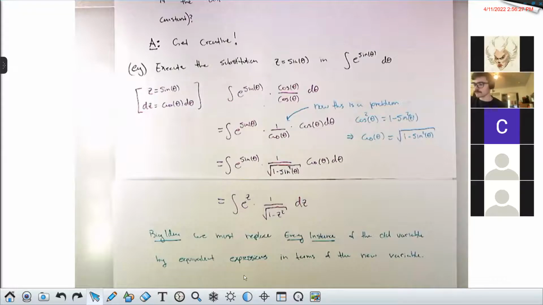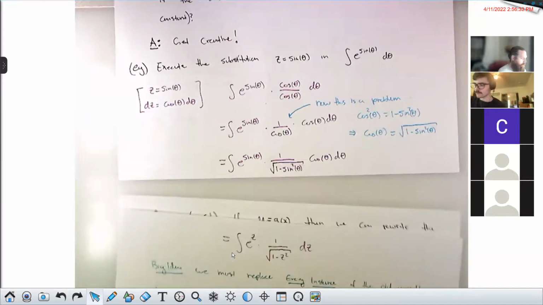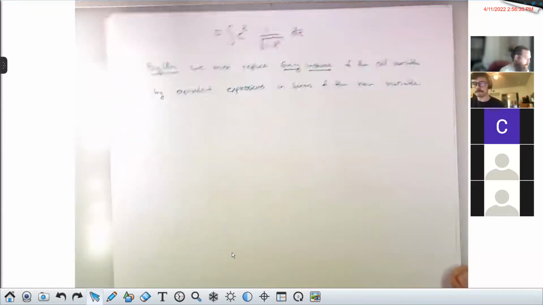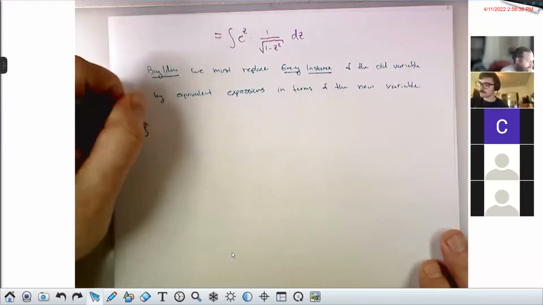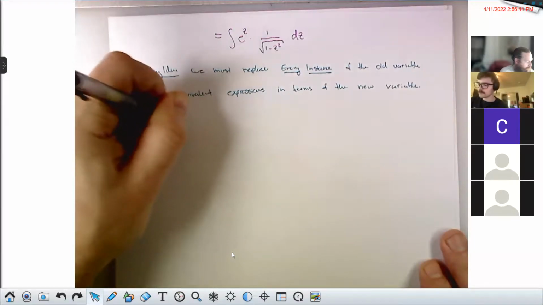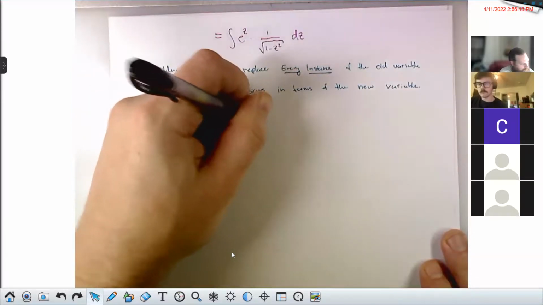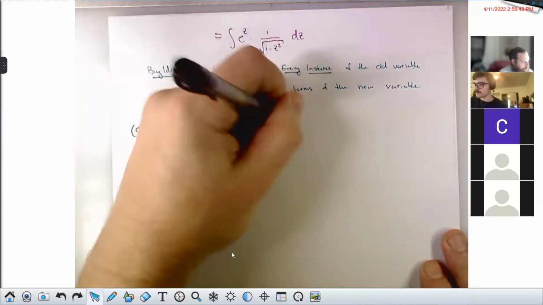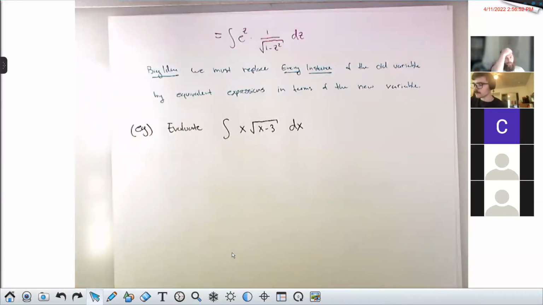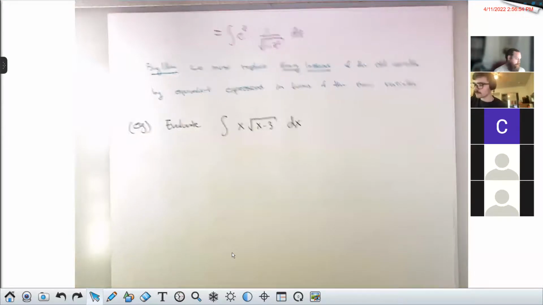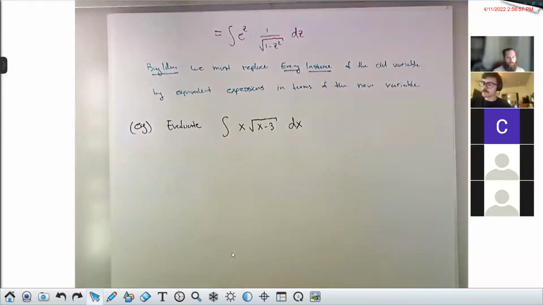Let me show you a simpler version of this type of problem and see if we can't get there without me showing you. This time we will actually evaluate. What could I substitute for here?